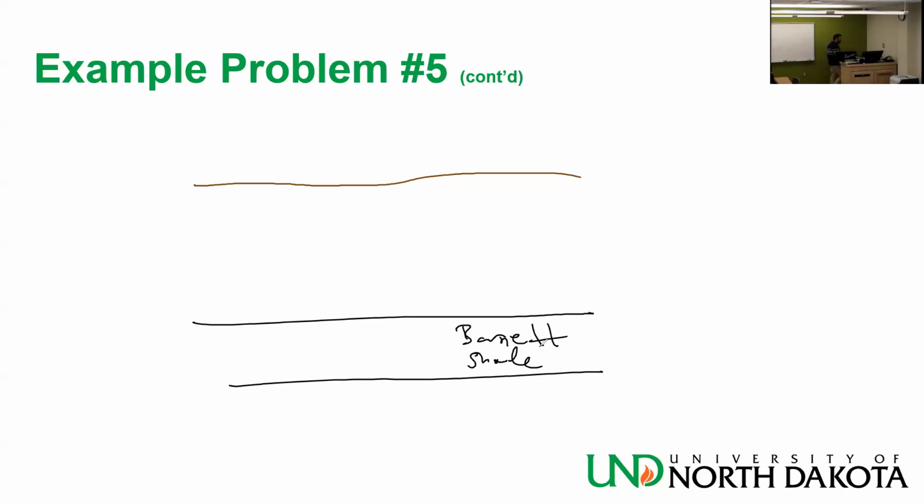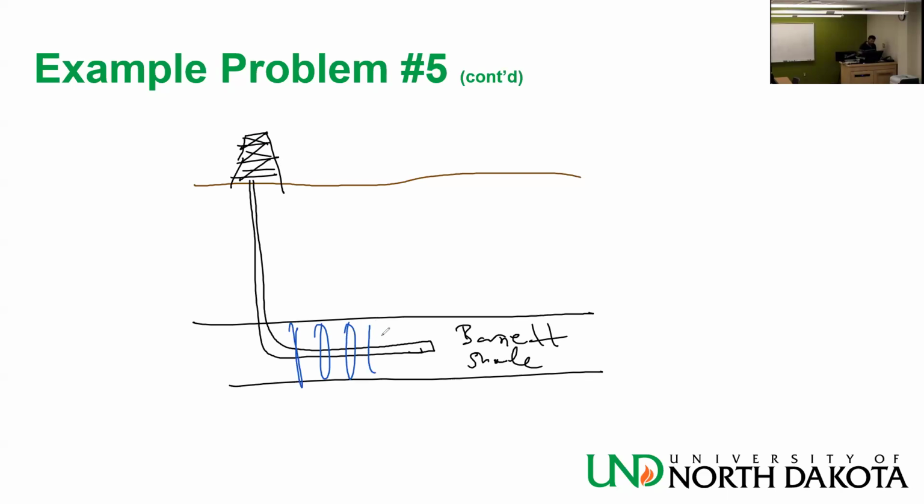He said, okay, let's come here, put a rig, drill a well, fracture it, and then we are gonna get oil to flow up. And we have a ton of oil here. Gas. Gas is gonna be red.